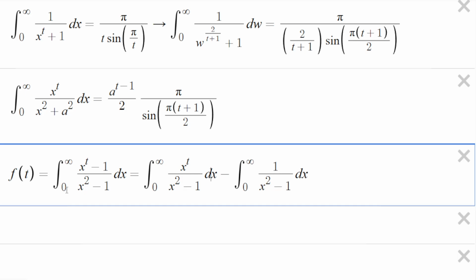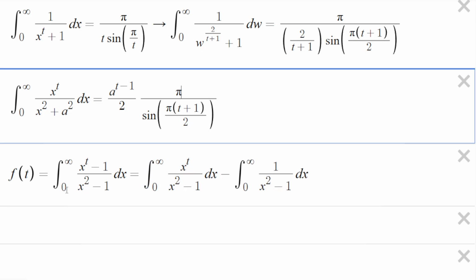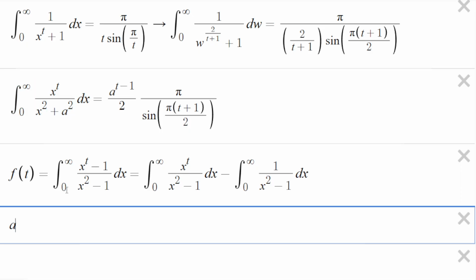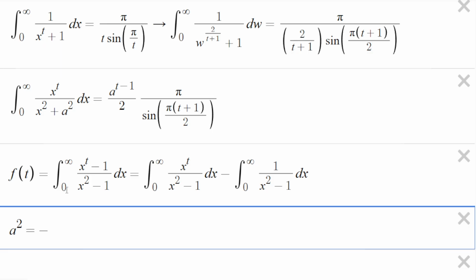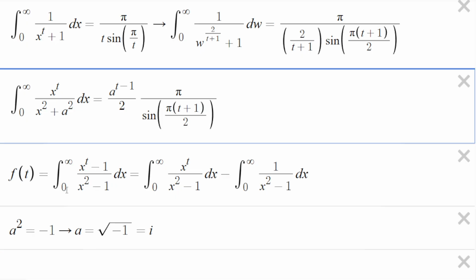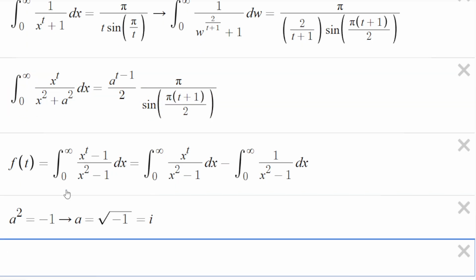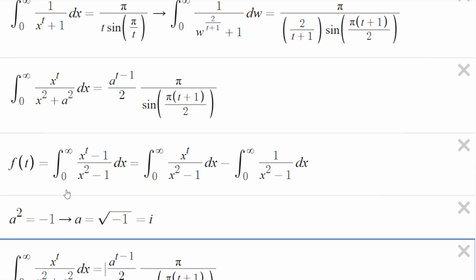This is almost the exact same thing as this, except our a squared is -1. So we will let a squared equal -1. That means a is equal to the square root of -1. Let's see what happens if we plug in a is equal to i.